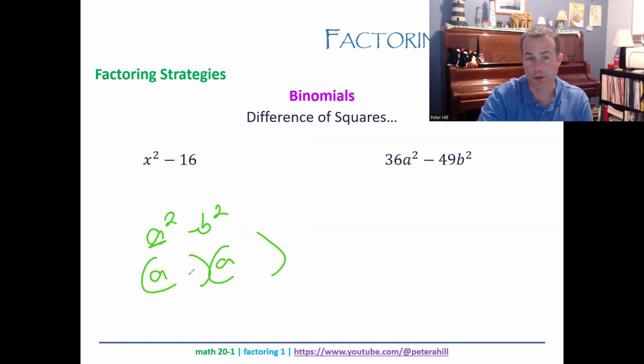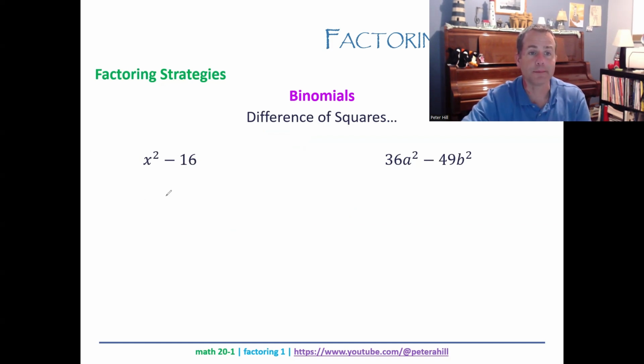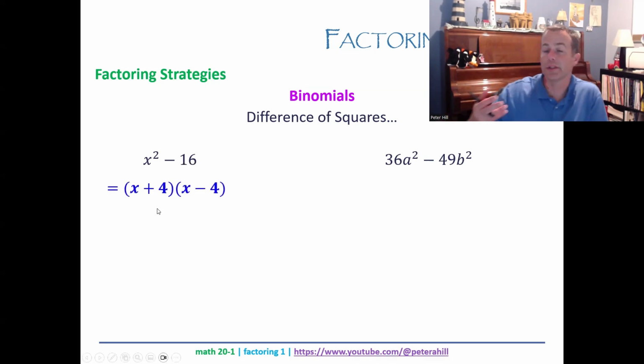The last terms will be the square root of that last term, and then one gets added and one gets subtracted. Okay, that's how you handle difference of squares. So this ends up being x plus 4 times x minus 4. The square root of x squared is x. The square root of 16 is 4. And one gets added and one gets subtracted. Okay?